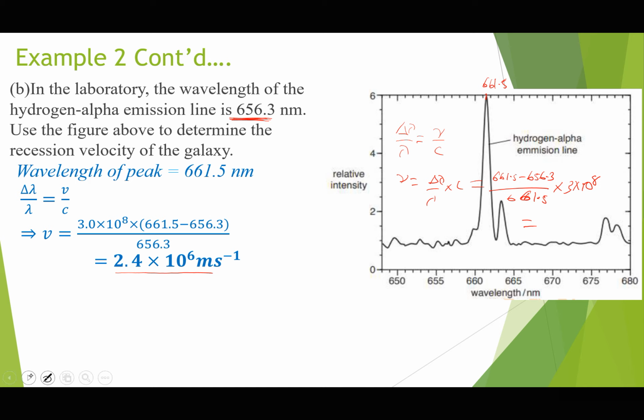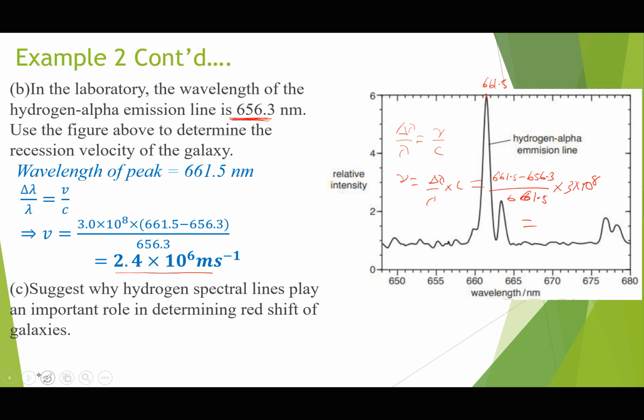Then part C suggests why hydrogen spectral lines play an important role in determining the redshift of galaxies. Of course, we said the most important sources of light in all galaxies are the stars. The fuel for the stars to produce their light and heat or energy is hydrogen and helium.